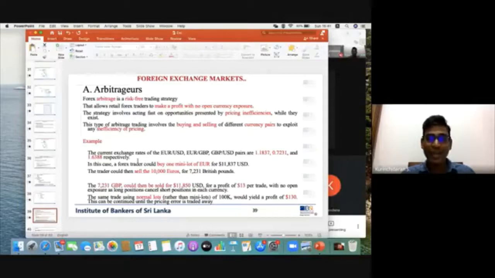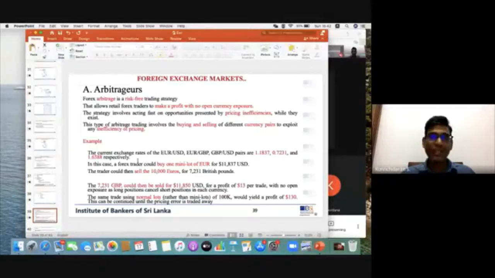Now you have 11,850 USD. You made a profit of $13 from this transaction without taking any risk. You did it quickly because of the price inefficiencies, the price differences between these pairs of currencies. You have no open position. Earlier you had USD, and you still have USD, nothing changed. But now you have $13 more.